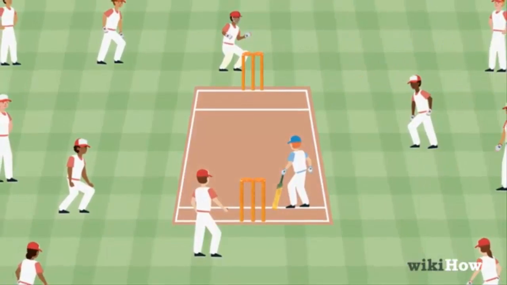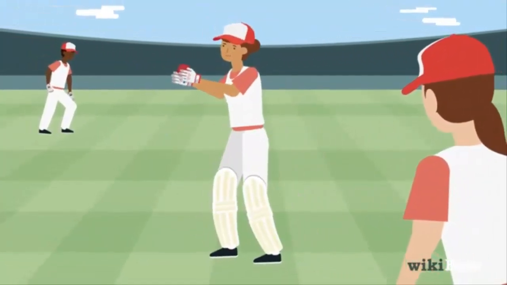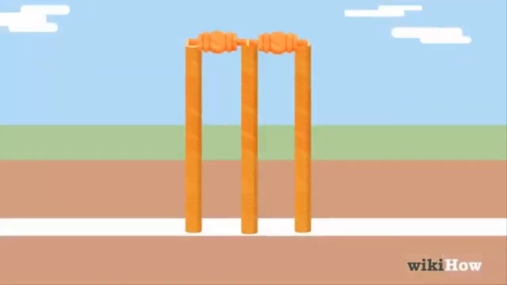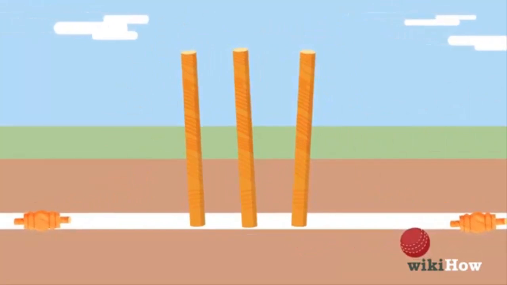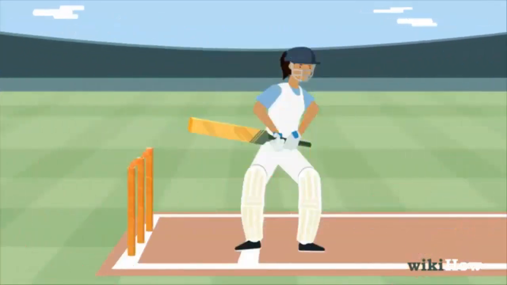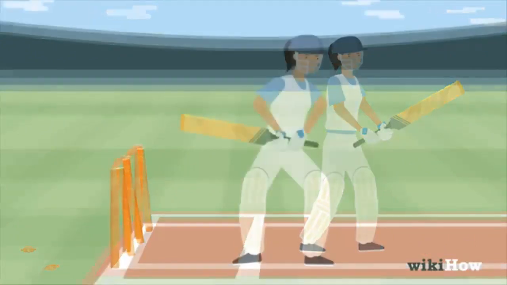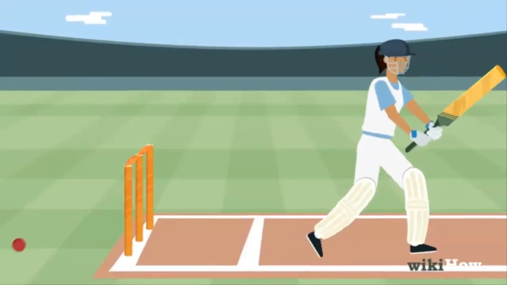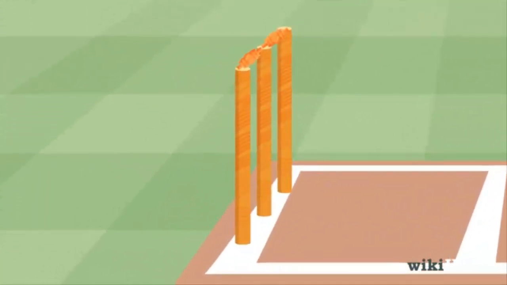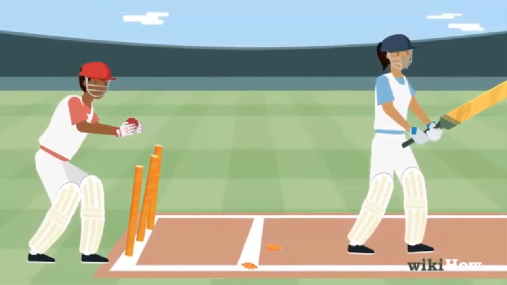batsmen out. To get a batsman out, the bowling team can catch the ball before it hits the ground. If the bails behind the batsman are dislodged, the batsman is also out. This can be done by the batsman missing a bowled ball that hits the wicket. It can also happen if the batsman steps too far forward, misses the ball, and is unable to return the wicket before the opposing team knocks down the bails.